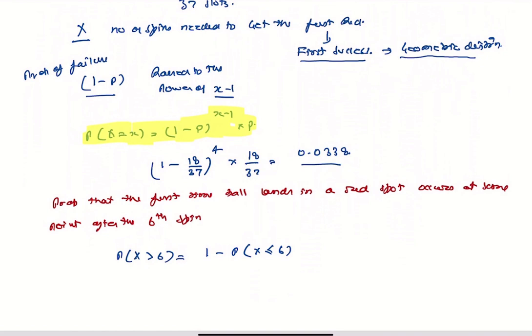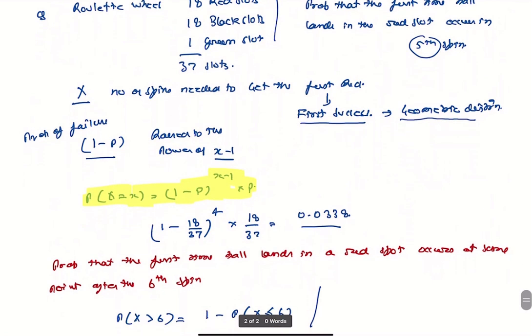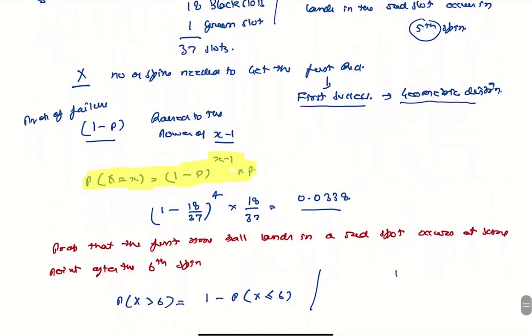This can also be intuitively calculated as the probability of failures. The probability of success is 18 over 37, so the probability of one failure is 1 minus 18 over 37.